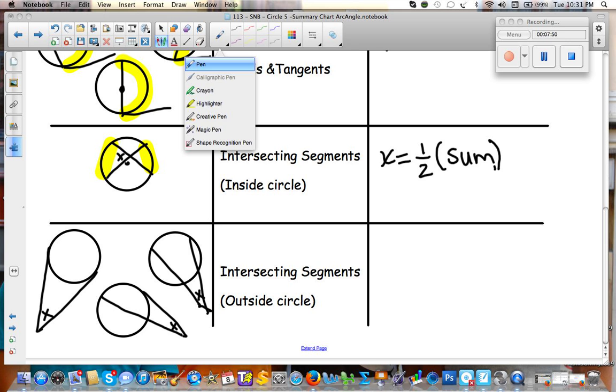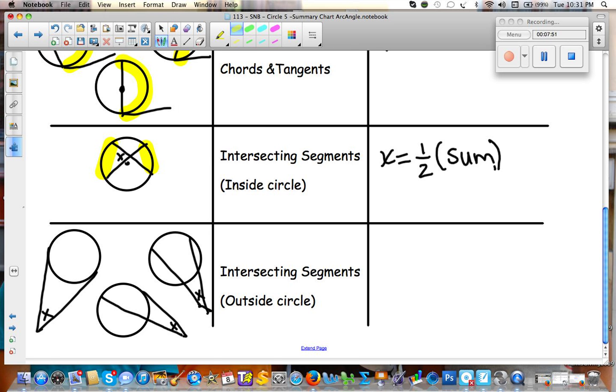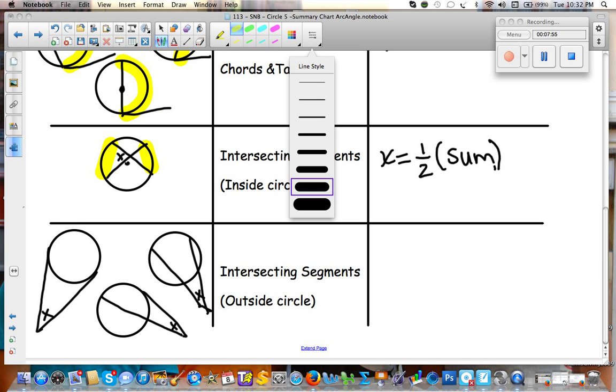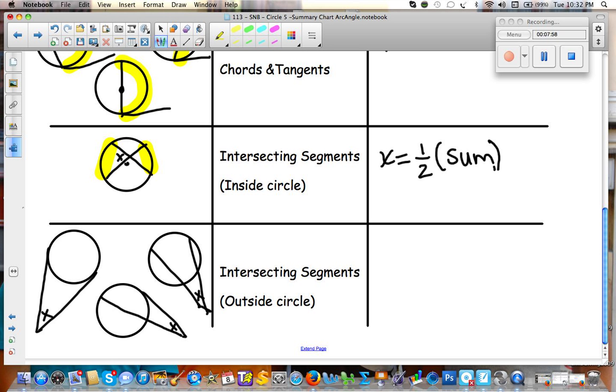Let's see if I can get a little finer point here on my highlighter. It's a little thick. Okay, so we're talking about the intercepted arcs, and it is still the arcs that are between. I'm going to do the smaller valued ones in yellow, and then the larger ones I'll do in green.